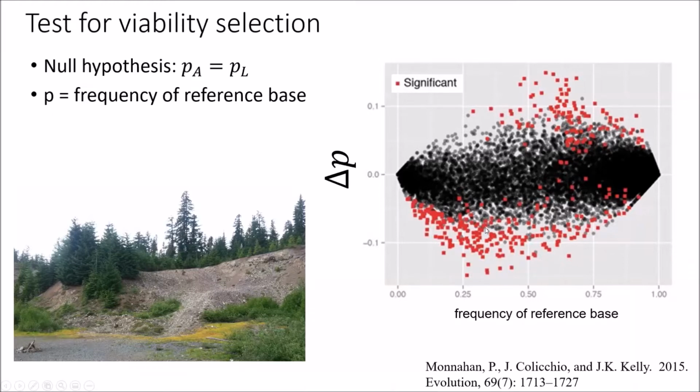And what that tells you as a practical matter is that natural selection through this component tends to be favoring the more common base in this population. If the allele is initially above 50%, it's tending to increase. It has a positive delta P, whereas if it's less than 50%, it's tending to decrease. So this component of selection tends to be making the more common base even more common in this population in this year.